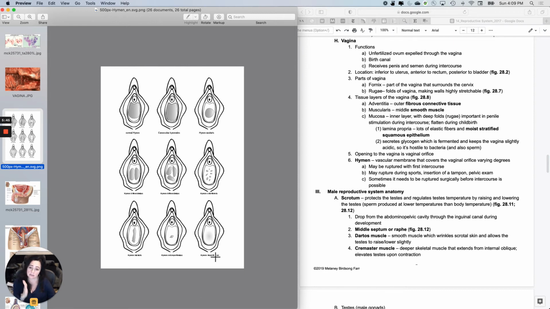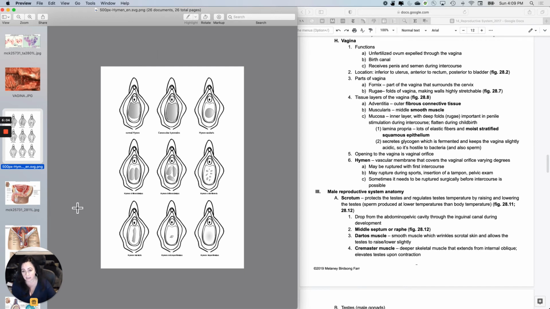Now, in this situation with the imperforate hymen, sometimes this actually has to be ruptured surgically before a woman can have vaginal intercourse. And you would not necessarily know this unless you knew something about female anatomy and about yours specifically.